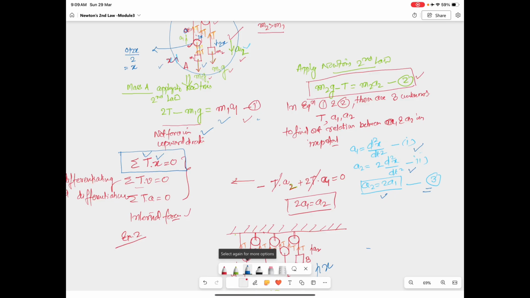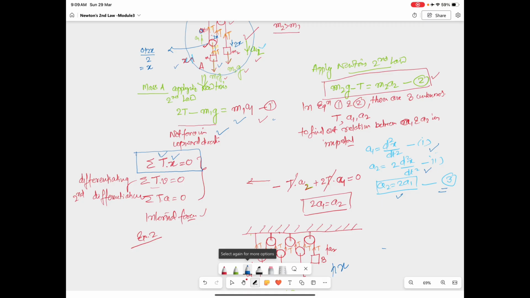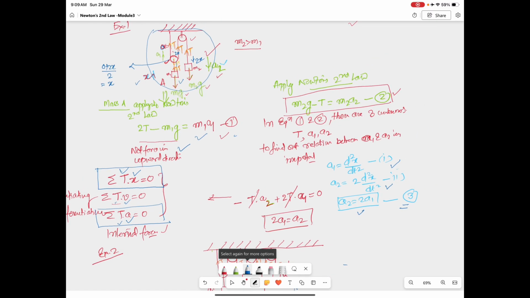If I differentiate this, I will get T into dx by dt, which is velocity. So sigma T dv is equal to 0. If I further differentiate, I will get sigma T into dv by dt, which is acceleration. So sigma T a is equal to 0. So here we are using this acceleration concept, and we will apply the same to this problem.